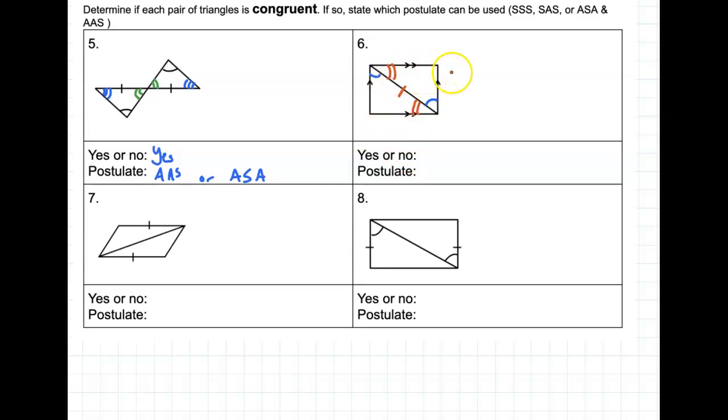Okay, so when we learned about parallel lines and transversals, this question is a little bit tricky because we haven't really learned about these. So if we have two parallel lines here, if you think about this, if we look at this angle here, it's like a reflection of this angle here.